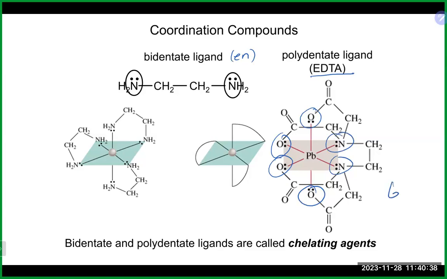That is 6 places per molecule that it has the ability to bind, and that's why it's a really good chelating agent. A chelating agent is something that can tie up a metal pretty well. So just one of those will ultimately surround that metal pretty tightly and keep it contained within it.